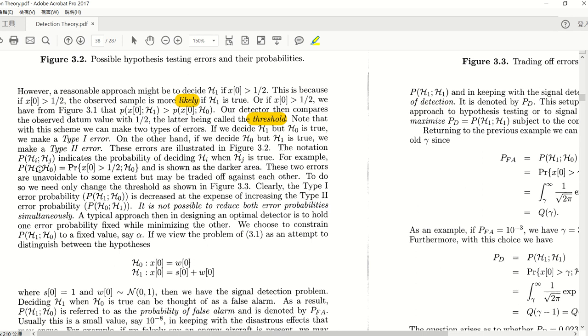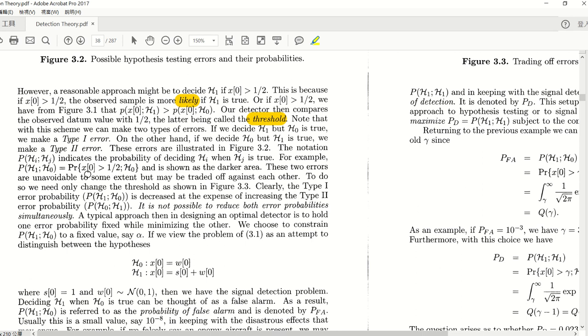It happens when you condition on H0 and then the decision is H1. You make a mistake of this error, and the probability of this is x0 larger than 1/2, conditioned on H0. I suggest you think carefully on this because this is very fundamental and very important, yet it's a little bit abstract.